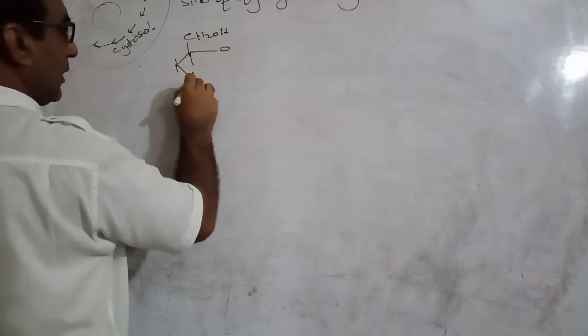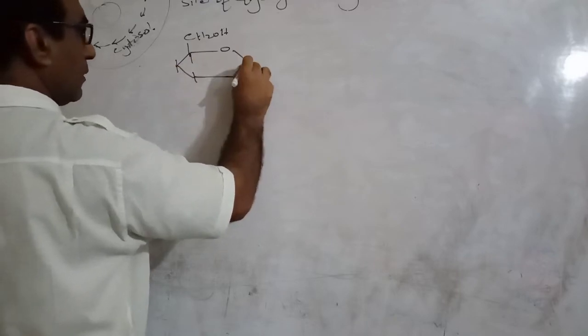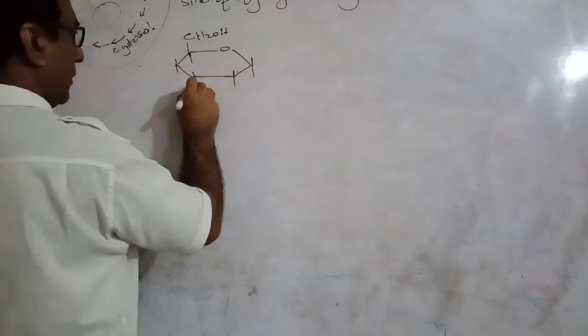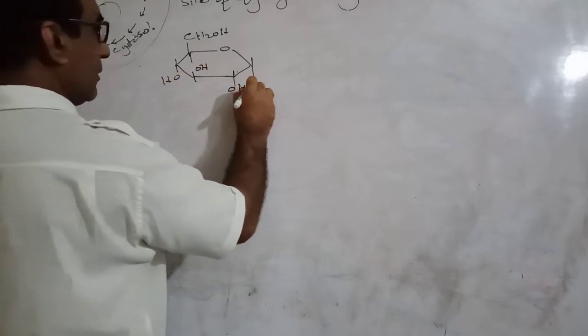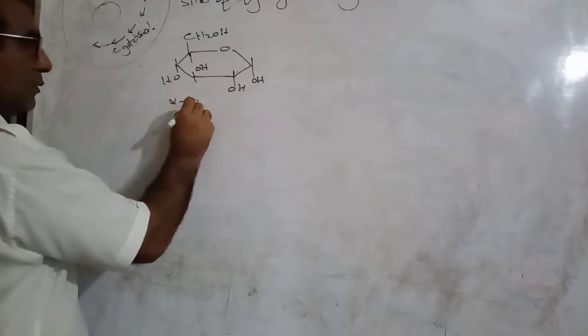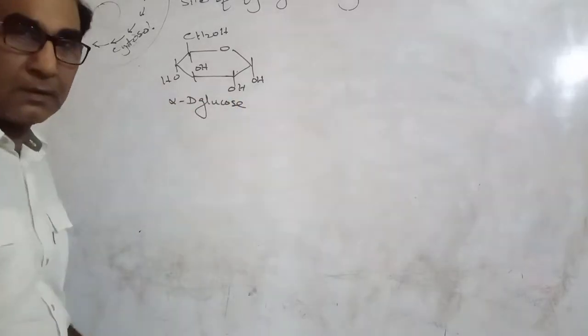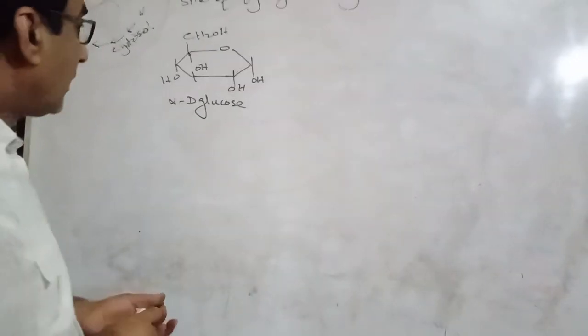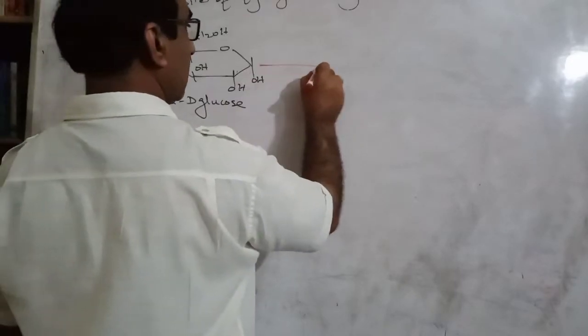This glucose molecule would undergo a biochemical reaction like this. This is your alpha D glucose. It will undergo a biochemical reaction like this.